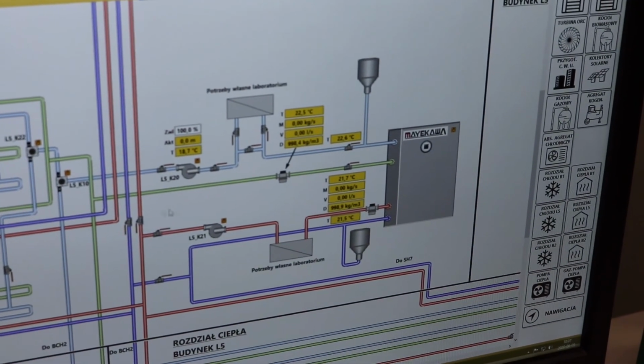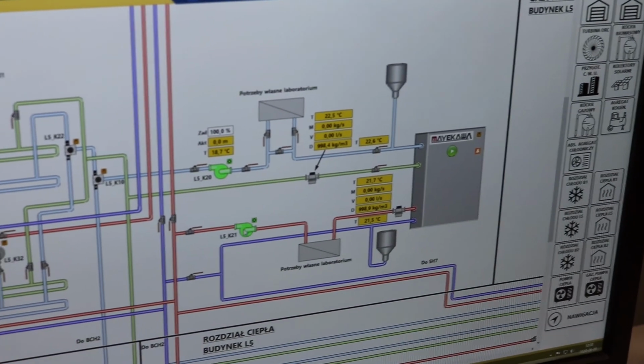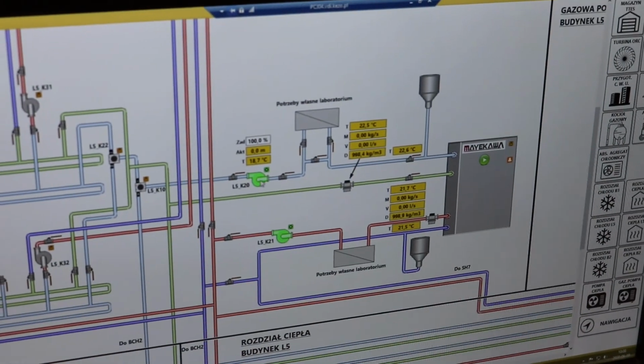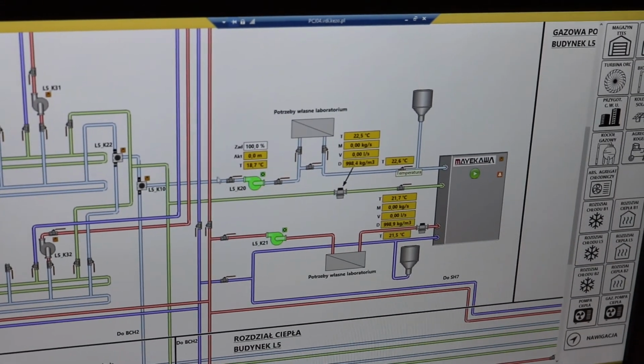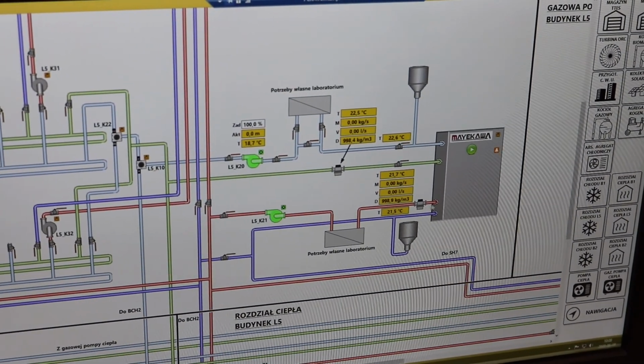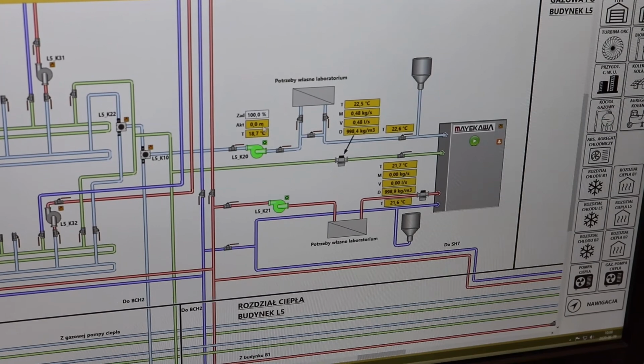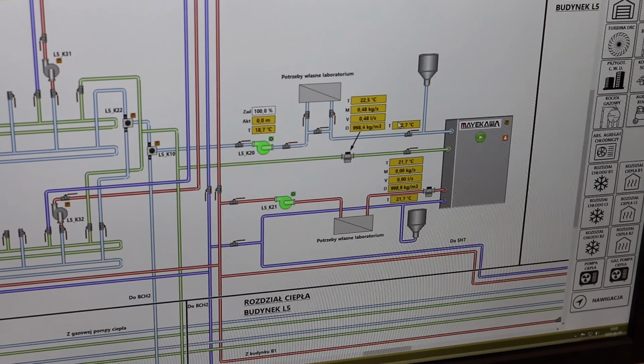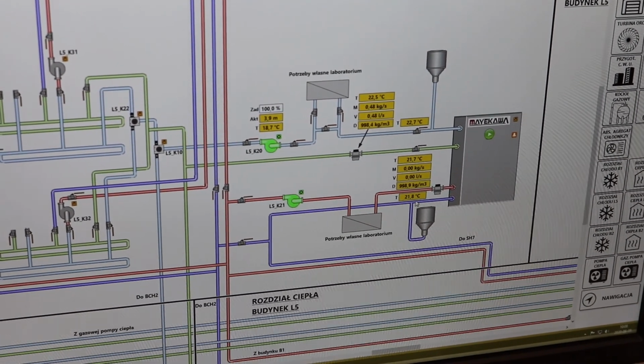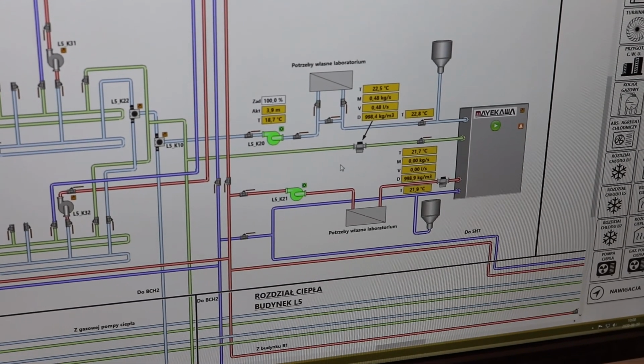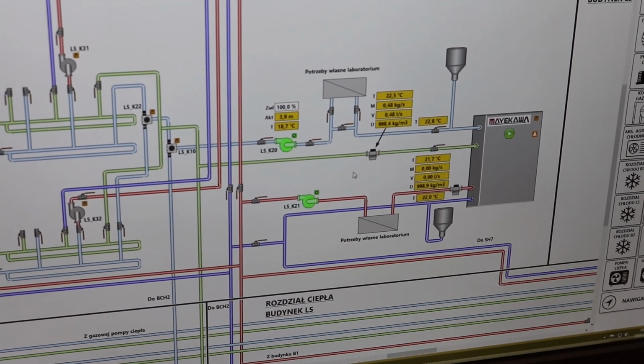So the first thing I need to do is to power the pumps that push the lower source here and the upper source water here. As you can see, we have the measurement right away, and we can see what's going on right now.